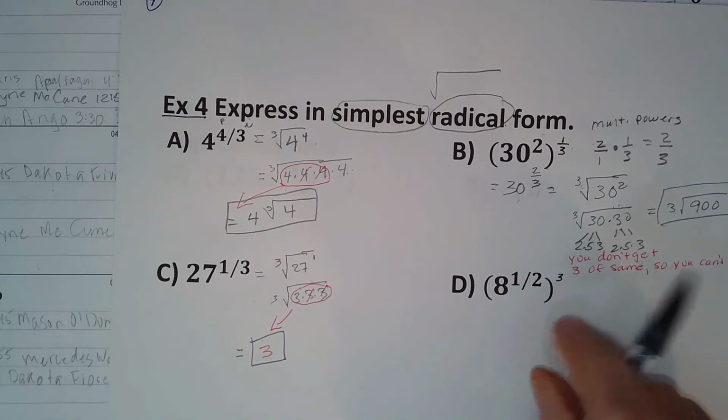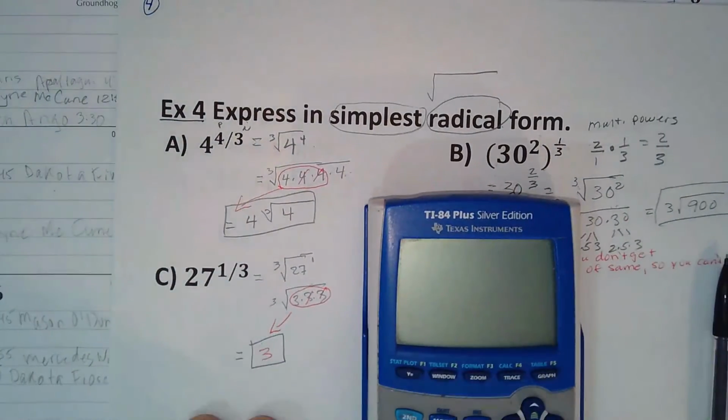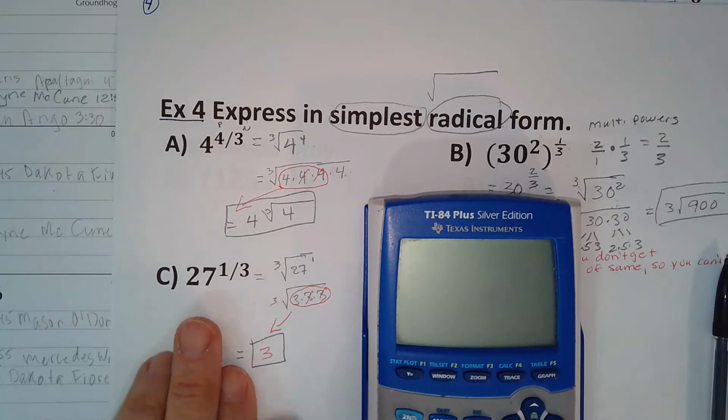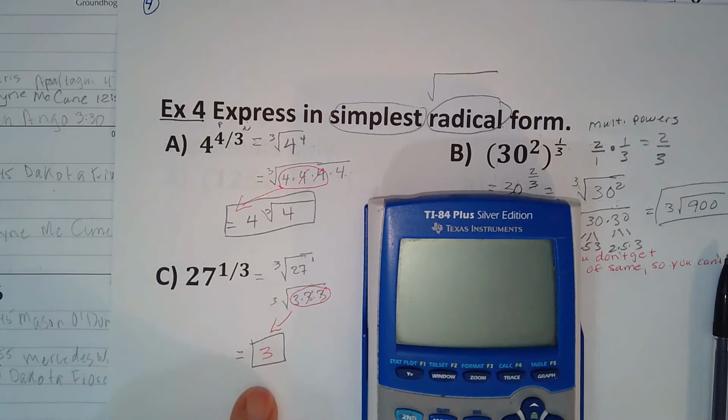Now I'm going to show you one other trick. Using your calculator, you could check to see if there's a root that's going to come out of the radical, simply by taking your number, 27.